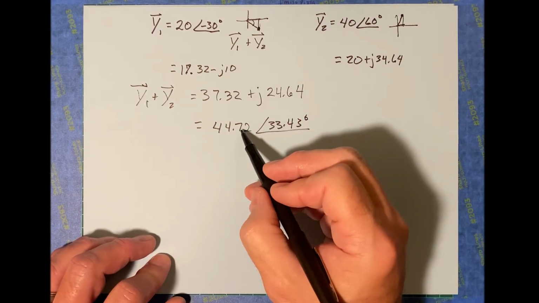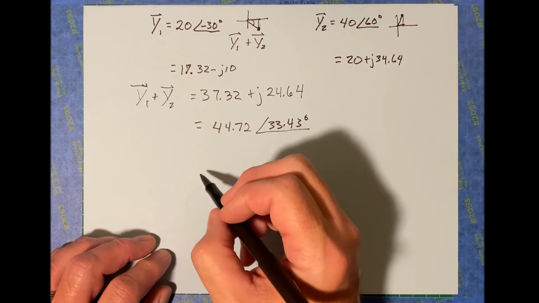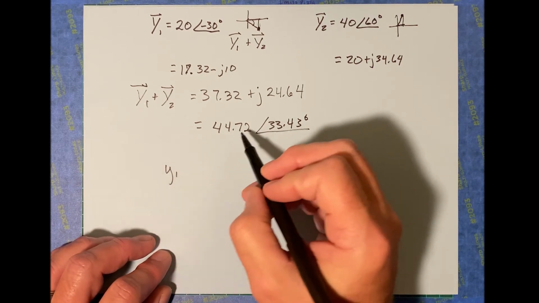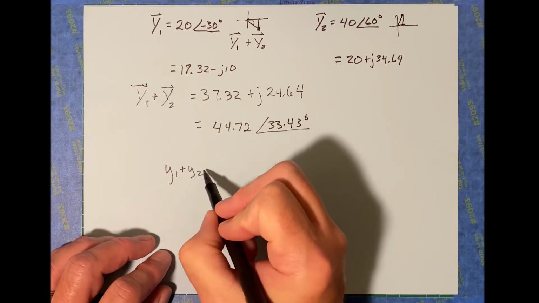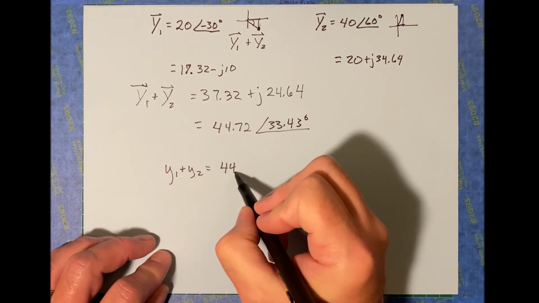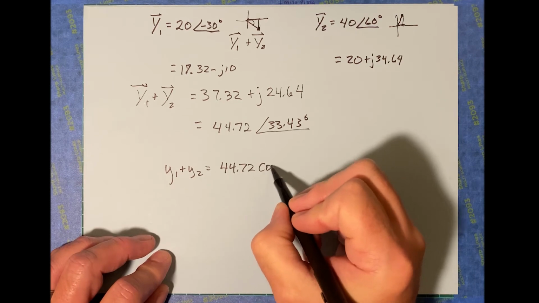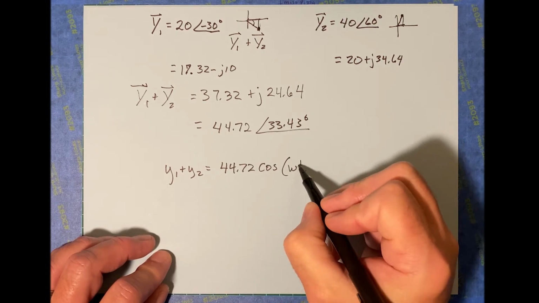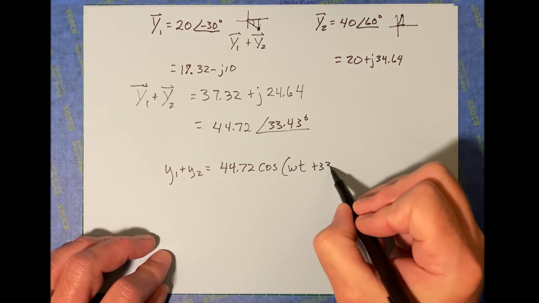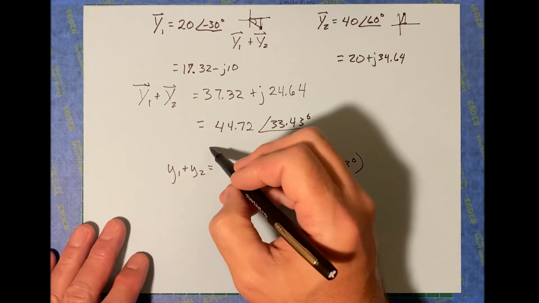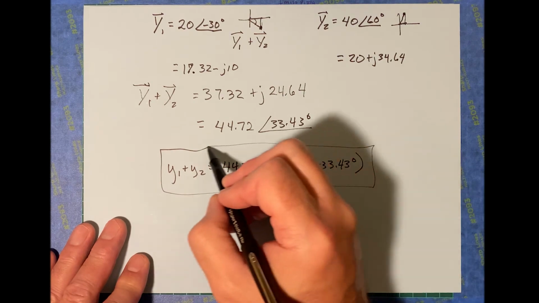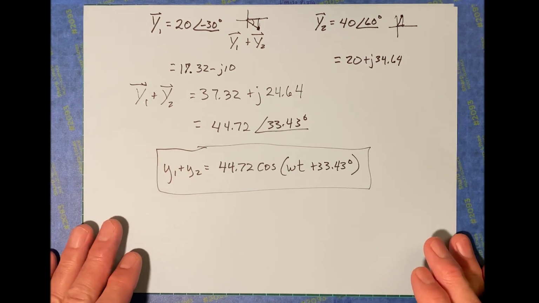And now I do the inverse phasor transform. y1 plus y2 is 44.72 times the cosine of omega t plus 33.43 degrees. And there, I've just added the two things.